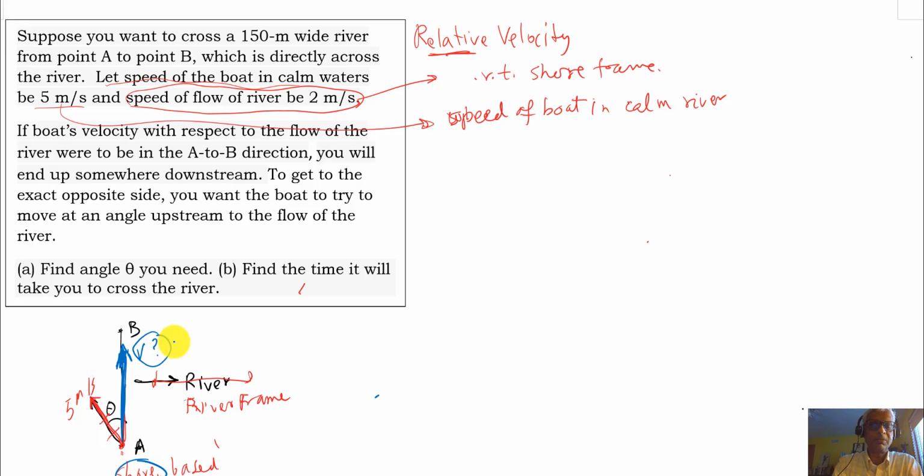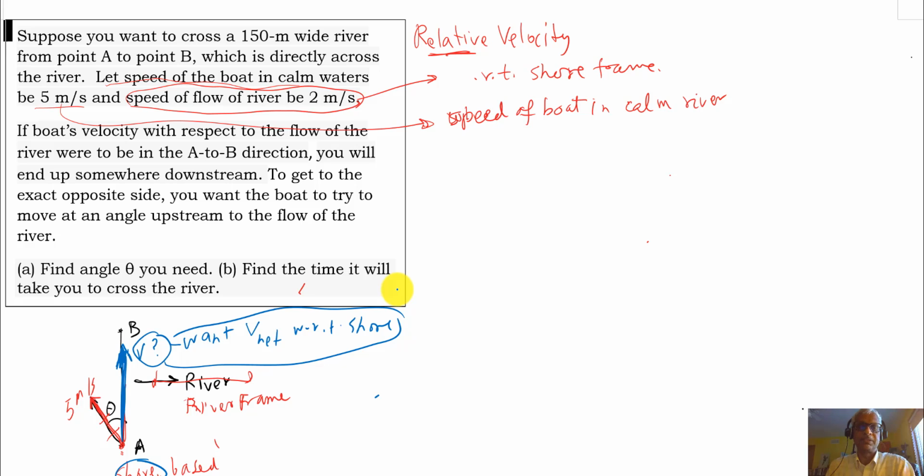So we want to know what the V net will be with respect to shore. That is the hard part to realize. Once you realize it, you can draw a vector diagram and very easily solve this problem.